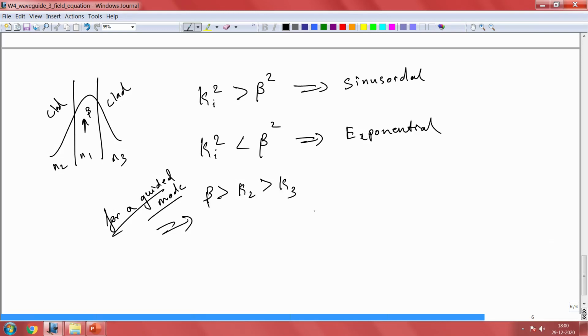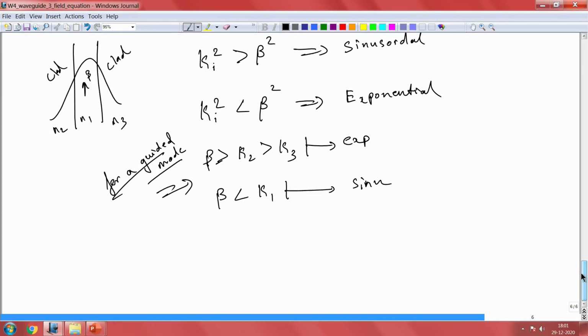So this is what you want for an exponential solution, but beta should be less than K1 to have a sinusoidal solution. All right. So this is the condition that you want to have when you are having such a waveguide structure. So this is exponential, this is sinusoidal.